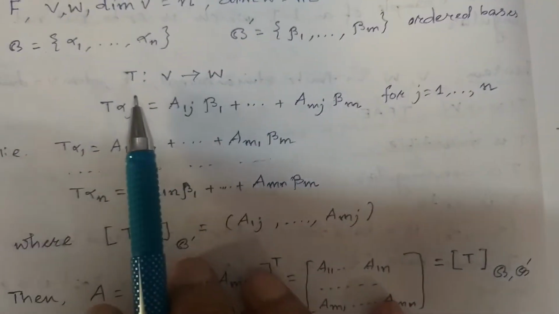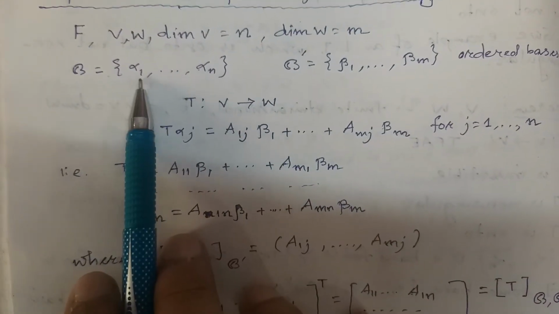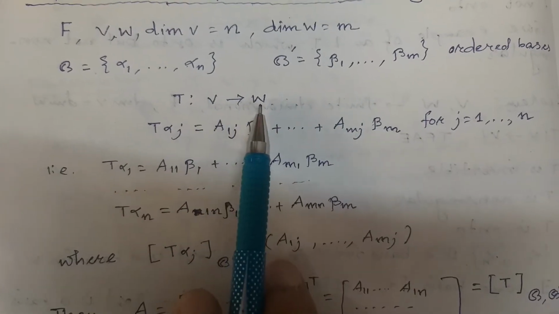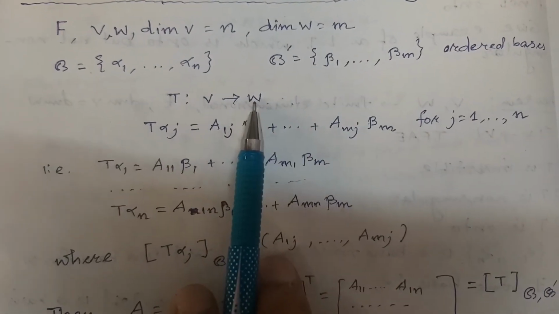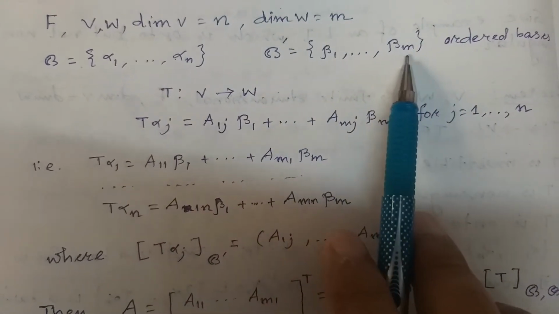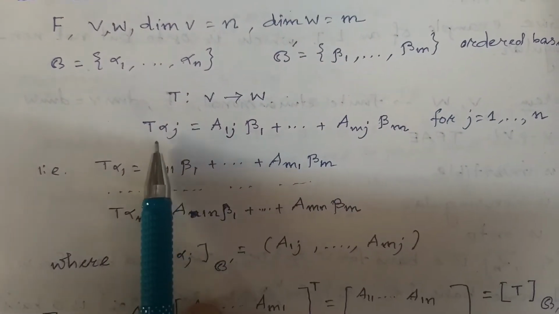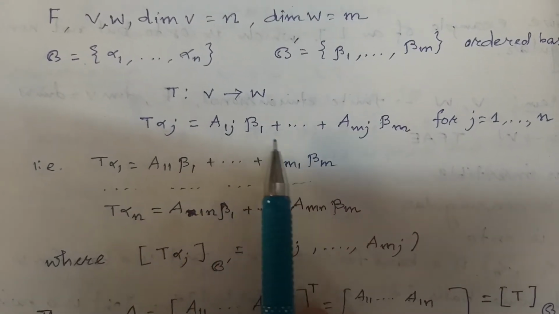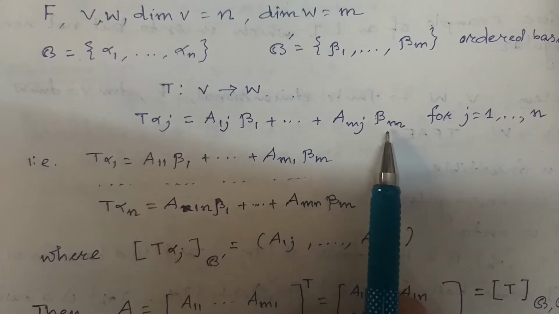Then definitely T carries each element alpha 1, alpha 2, ..., alpha n to an element in W, and that element in W can be represented as a linear combination of beta 1, beta 2, ..., beta m. We are doing so. T of alpha j equals a1j beta 1 plus ... amj beta m.